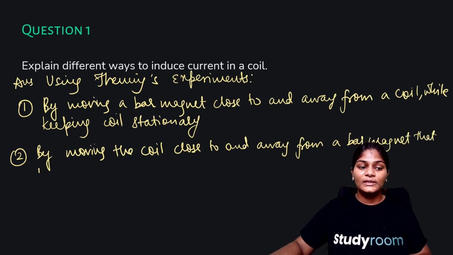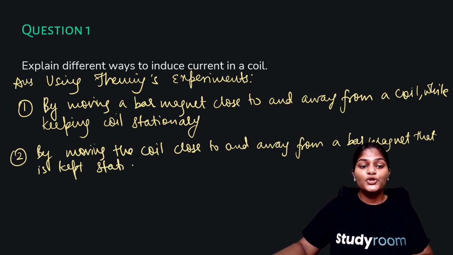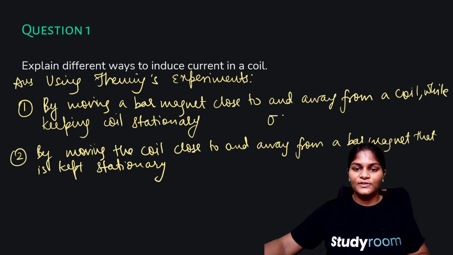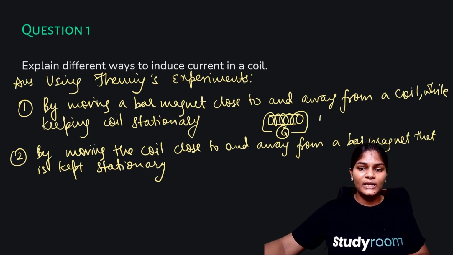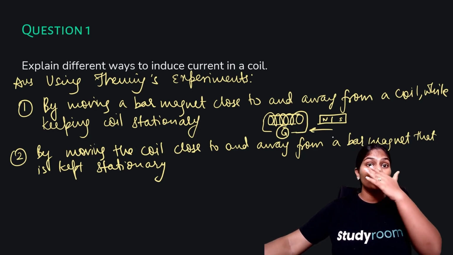That means the bar magnet is stationary, right? So you can also show this by showing the figure here. You can have this insulating cylindrical rod on which you can wrap your coil, connect it to a galvanometer to detect the current, and show this bar magnet which is taken close to it. So then you will be able to explain it better.